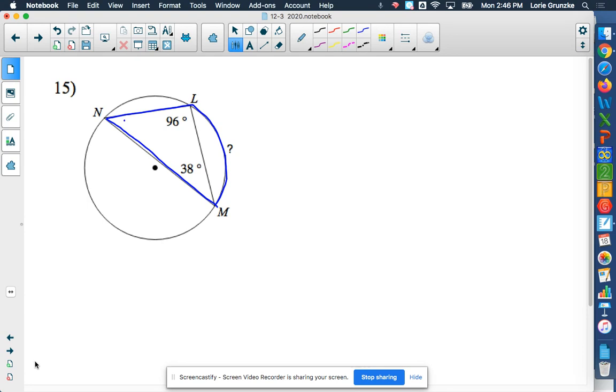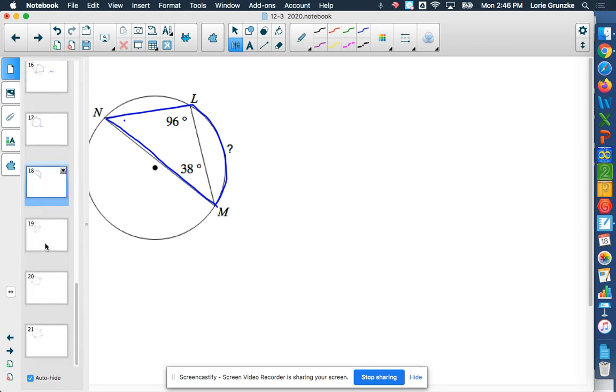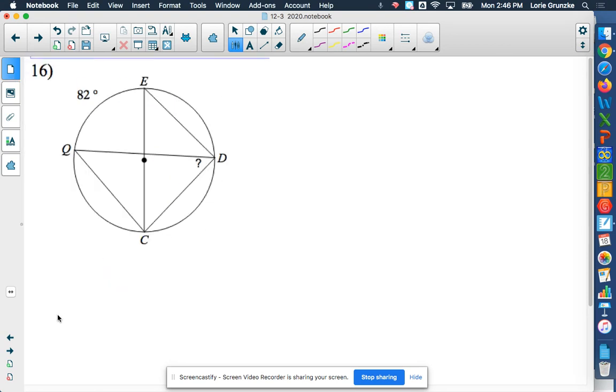Once you have that one, you can double it, and you'll have your arc. So add, subtract, multiply. You add these two together, subtract from 180, and then double it to get the arc. If you kind of keep track of what you're doing, it's not so hard. Okay.